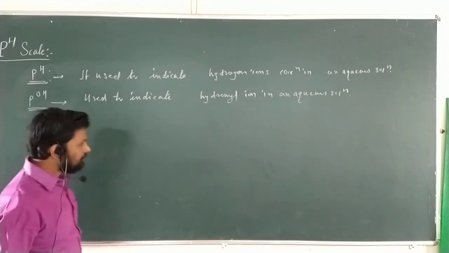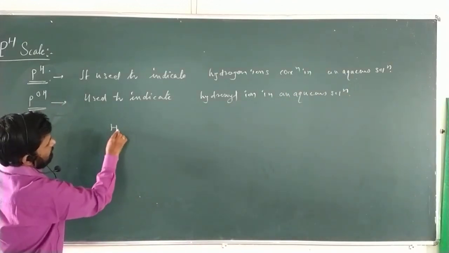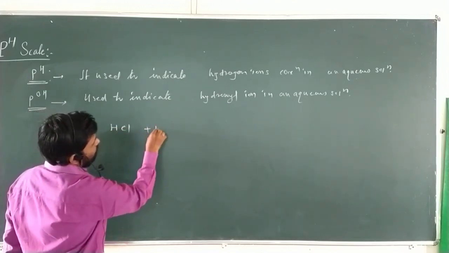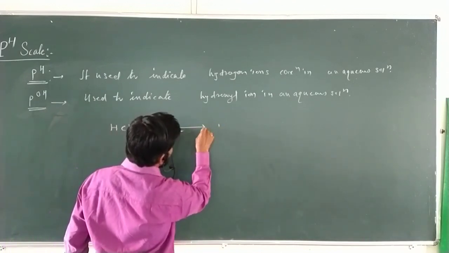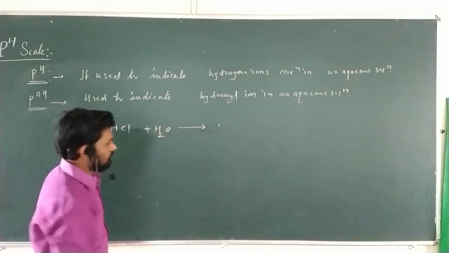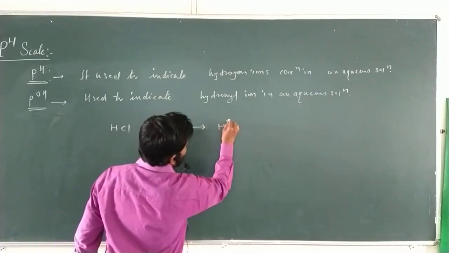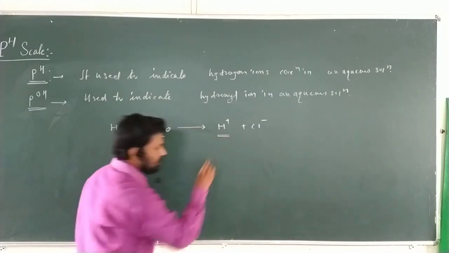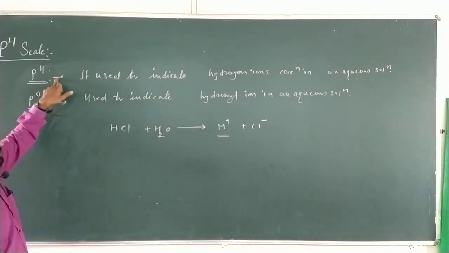Now see, if, for example, I take HCl, which is a strong acid, in water, what happens? It dissociates. It is a strong acid, therefore we directly show a one-sided arrow, because complete dissociation is there. It forms H plus and Cl minus. These are the H plus ions present in the solution, and they can be measured by the pH.